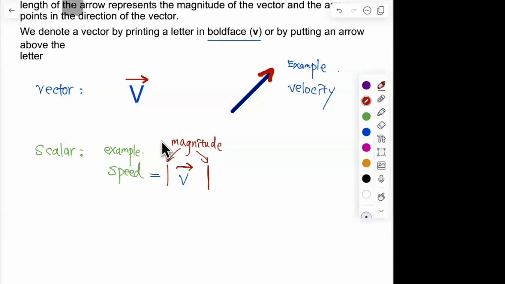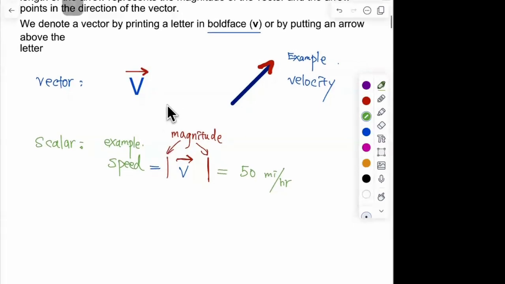For example, 50 miles per hour, that is the speed. It doesn't have direction. So the difference between a scalar and a vector is that a scalar doesn't have direction, and a vector has.